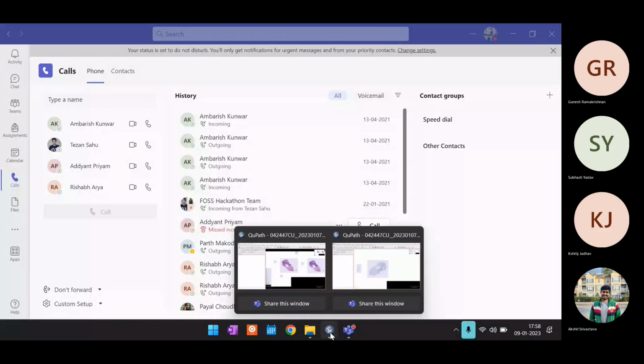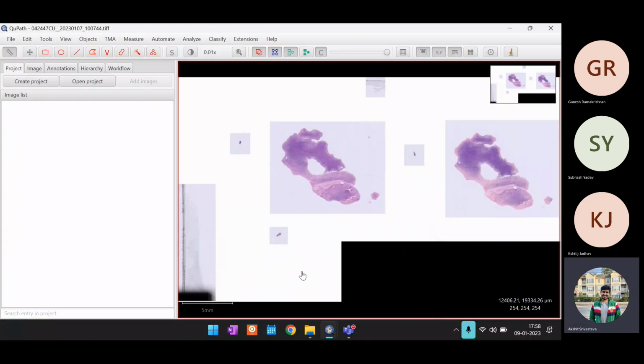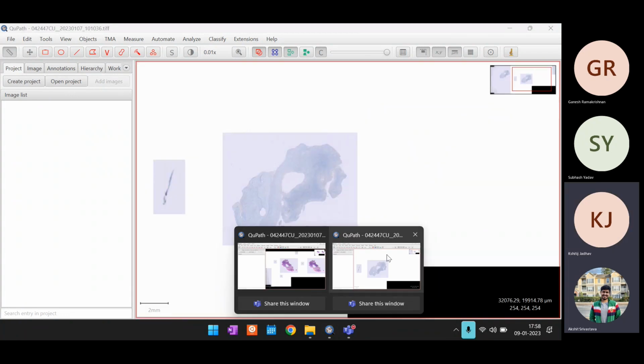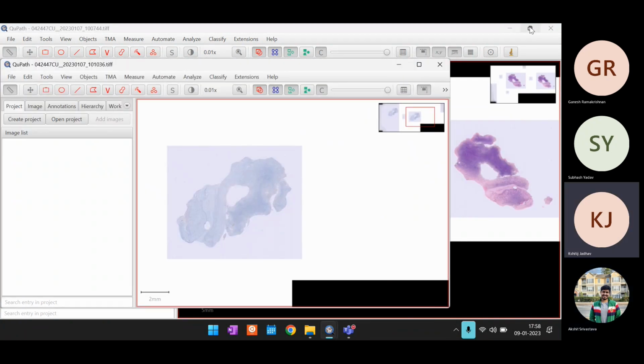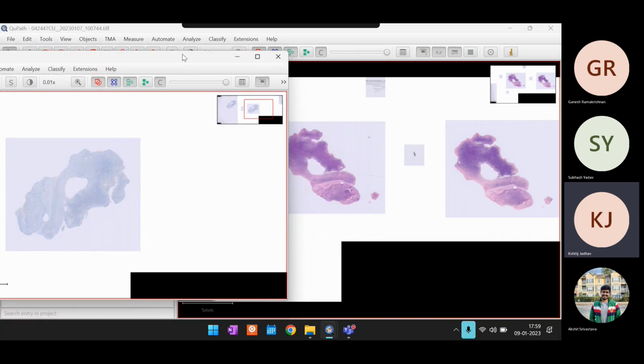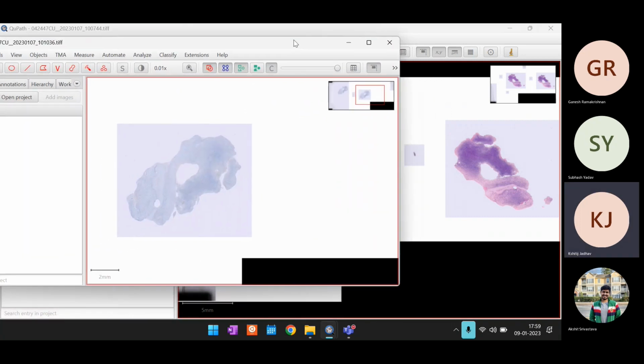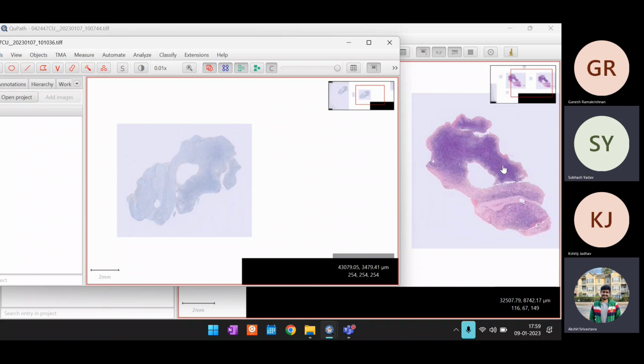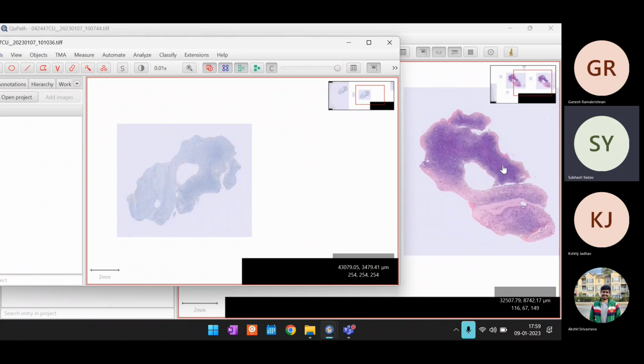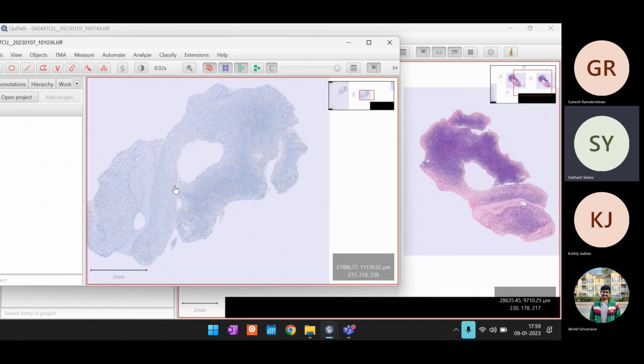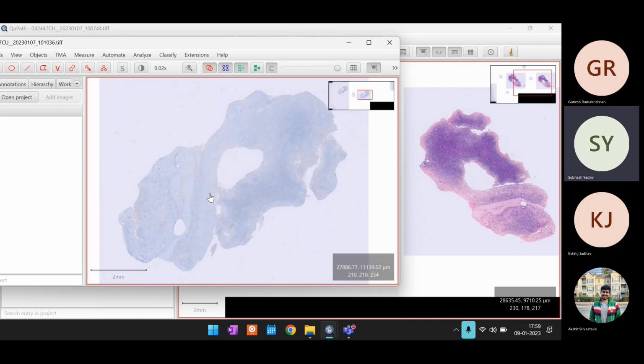So one was this WSI, and the other was this one. So this is not HNE. This is the actual one, right? The one which is gray is the IHC, the immunohistochemistry.